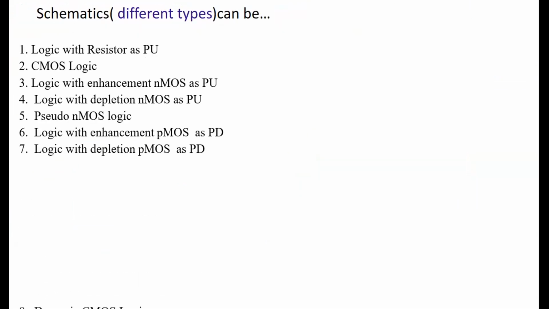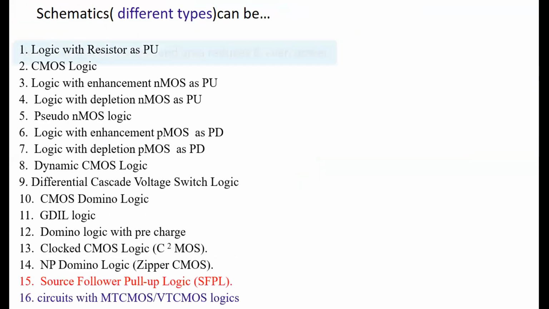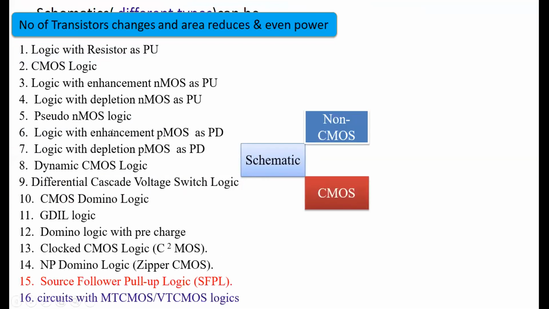Now, from this list, if I consider schematic, see here, schematics can be of non-CMOS type or CMOS type. Generally, if you are concentrating on low power, you have to concentrate on CMOS.